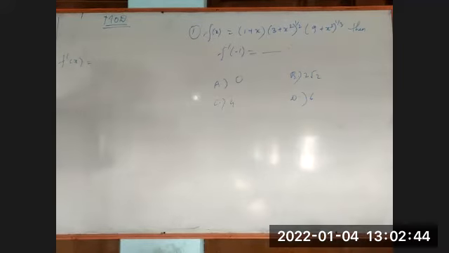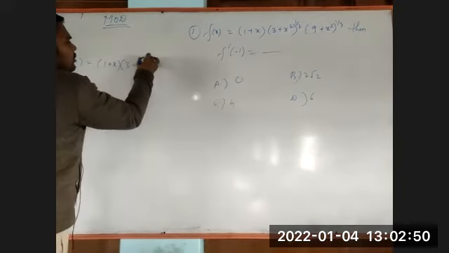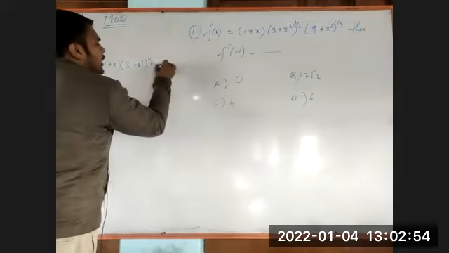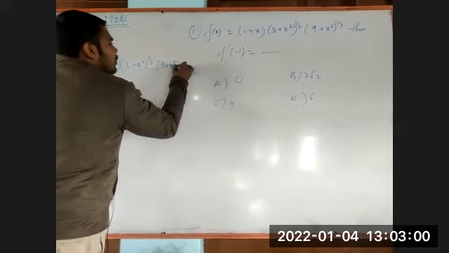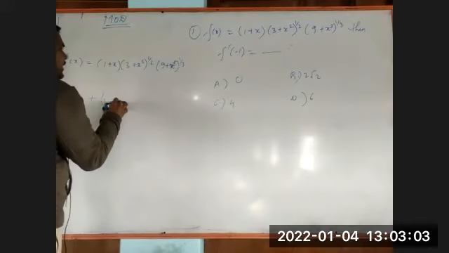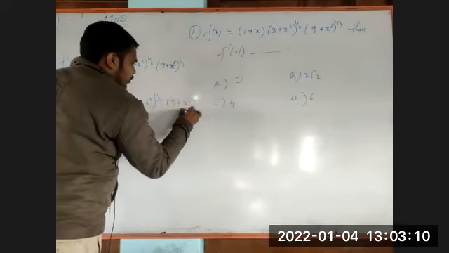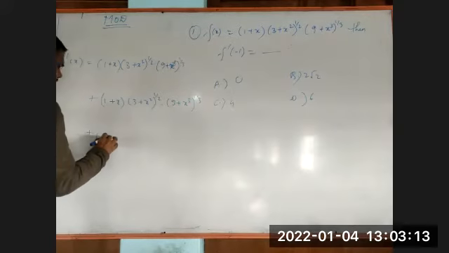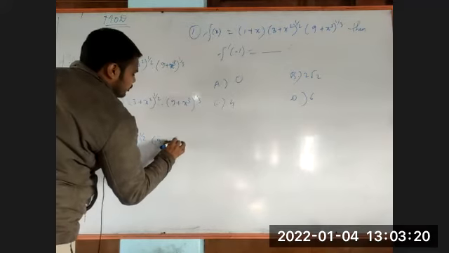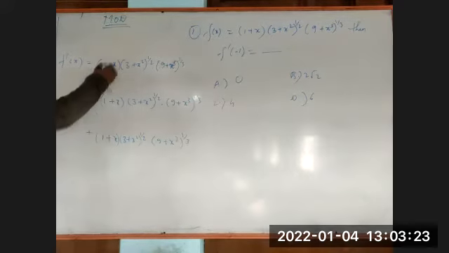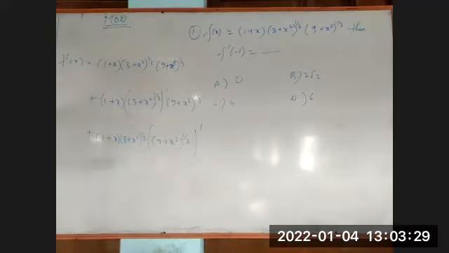f'(x) is: (1 + x)(3 + x²)^(1/2)(9 + x³)^(1/3) with the first differentiated, plus the same with the second differentiated, plus the same with the third differentiated. Three terms: in the first, differentiation here, in the second, differentiation here, and in the third, differentiation here.